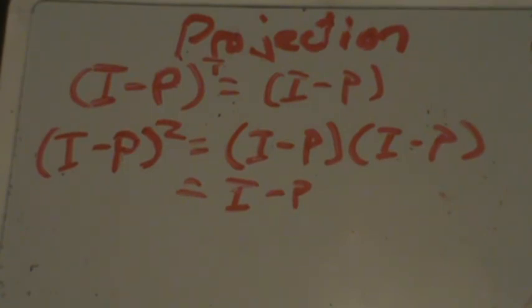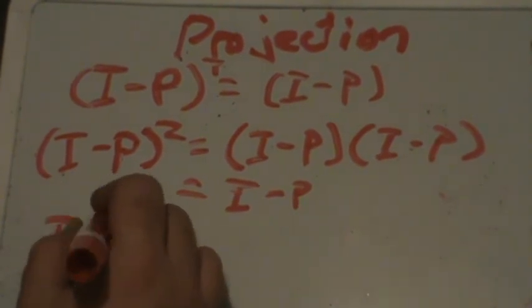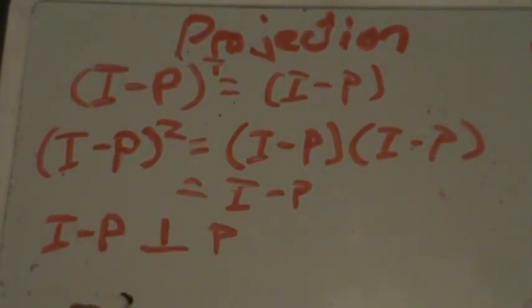So that actually means that I have now discovered that I minus P is orthogonal to P, and both P and I minus P are idempotent, and they are themselves symmetric. So that gives me this nice case that both of these satisfy our projection properties.